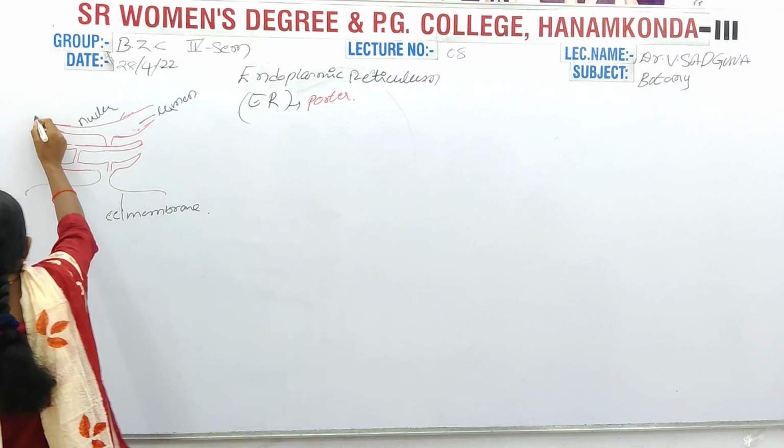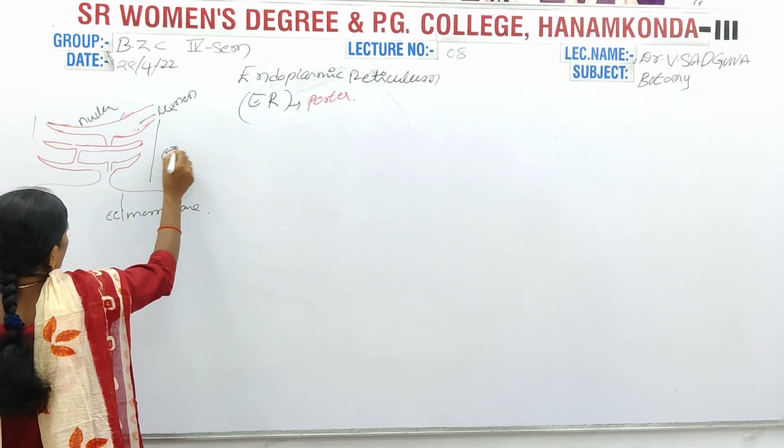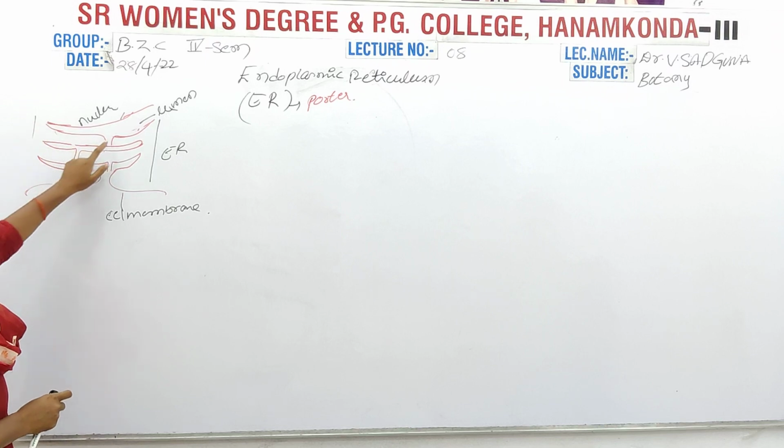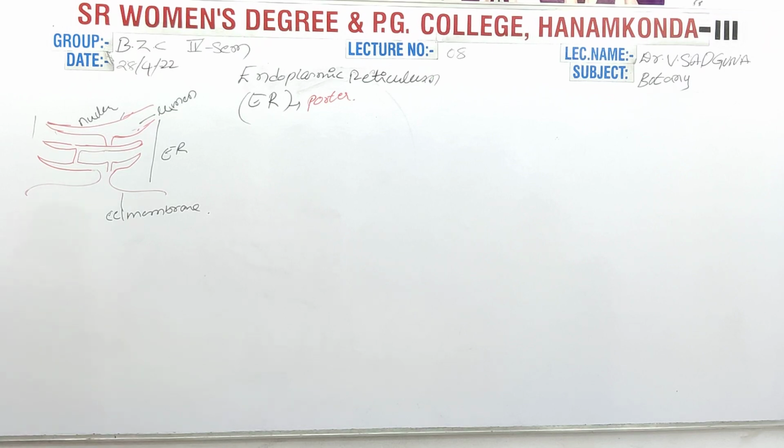In this part is the endoplasmic reticulum, which is connected with the space of the cells, one to another.